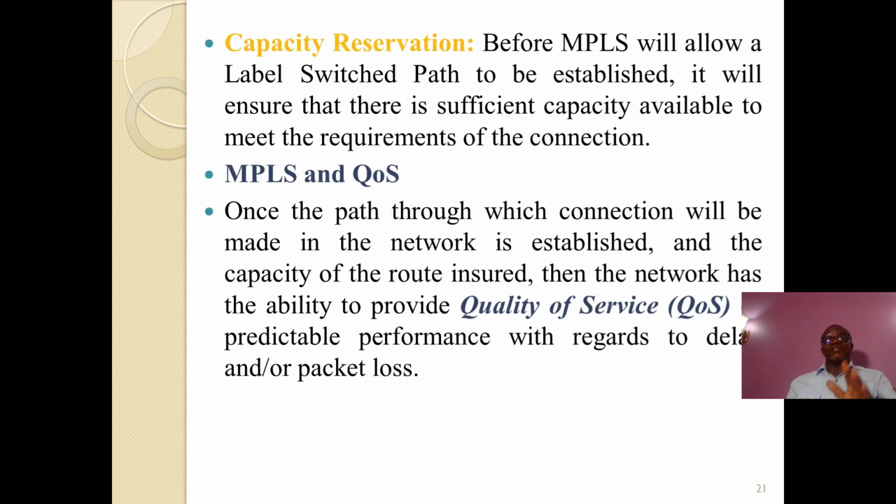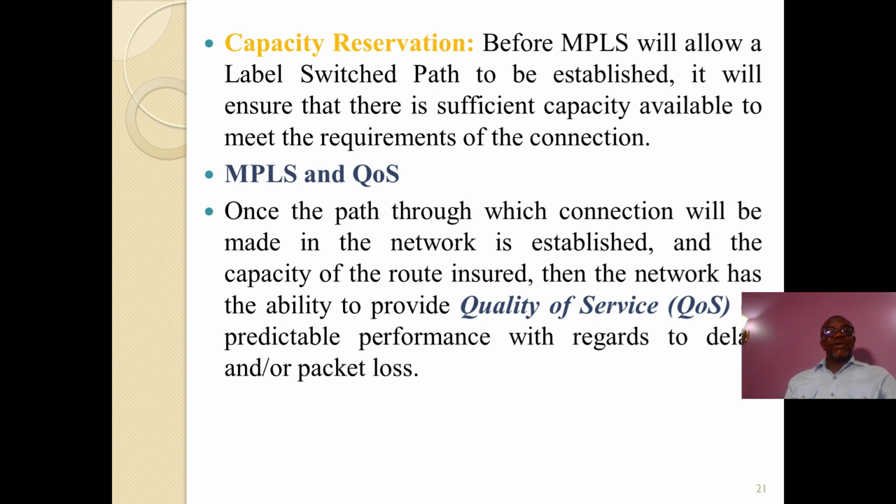So that is what it says, that by capacity reservation, before MPLS we allow a label switch path to be established, it will ensure that there is sufficient capacity available to meet the requirements of the connection.